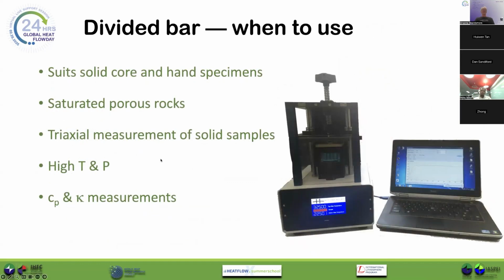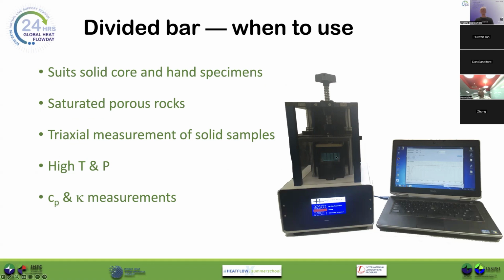The principle of the divider bar also tends to underpin those instruments that are designed for high pressure and high temperature measurements in dedicated laboratories.